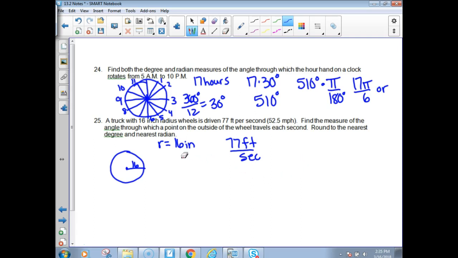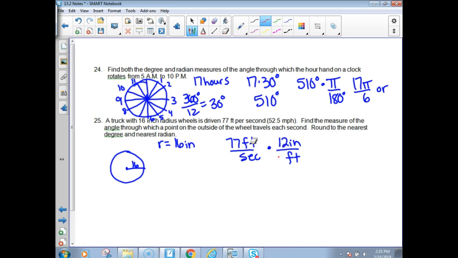Well, I got a little issue with the fact that my radius is in inches and my speed is in feet. So let's multiply this by, there's 12 inches in a foot. Okay, so I'm converting it. I'm showing you dimensional analysis because we're going to need to know how to do it in this unit.